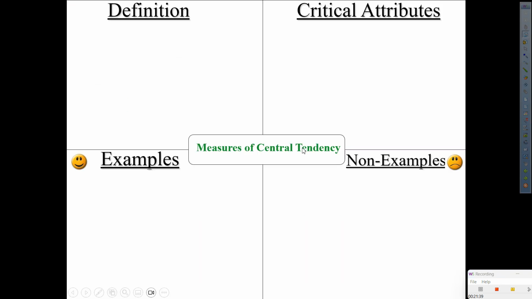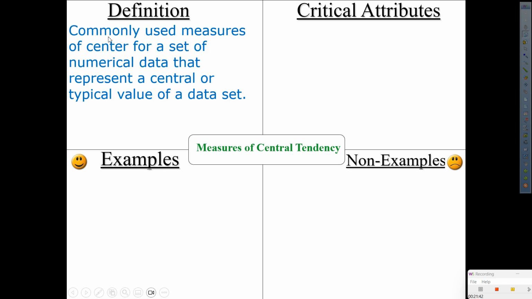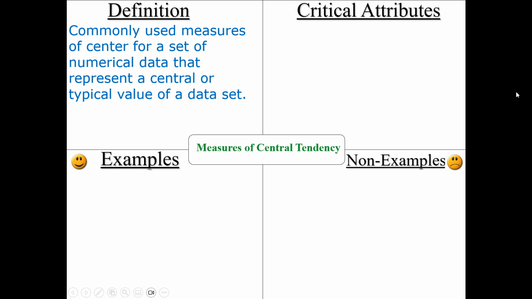Measures of central tendency. What are they, Mr. Q? Write this down. Definition: commonly used measures of center for a set of numerical data that represents a central or typical value of the data set.